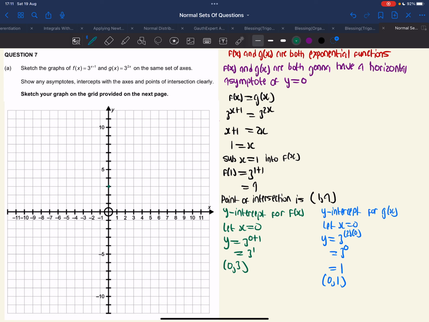Then I'm going to use the calculator to find other values. Let's try 3 to the power of negative 2 plus 1. It's a third. Now let me try 3 to the power of negative 1 plus 1. I get 1. So at negative 1, it's somewhere here.